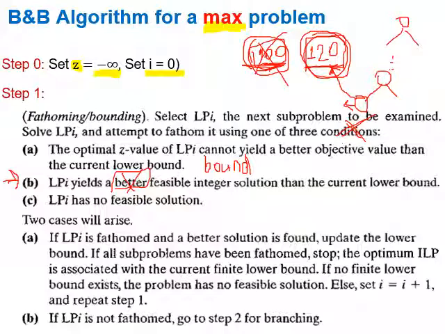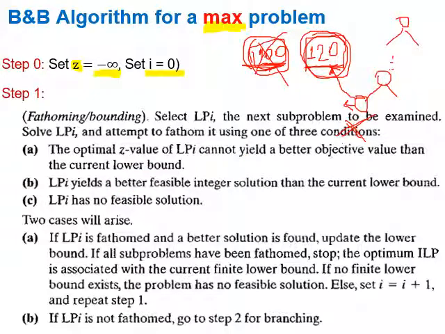We started with that one. Then we find an integer solution at this step. So this solution should be better than minus infinity all the time. It means that as soon as you find your first integer solution, you update its value. That minus infinity becomes the new value that you obtain from here. Okay, so this is the second reason of fathoming.